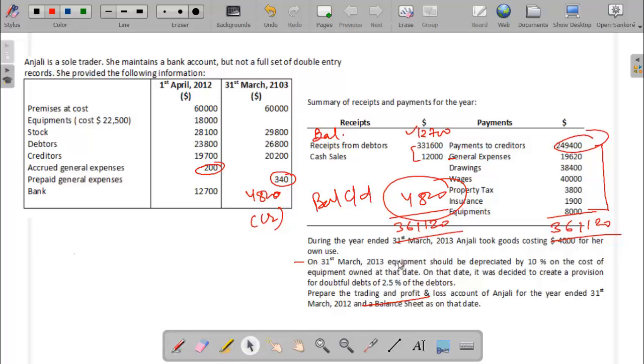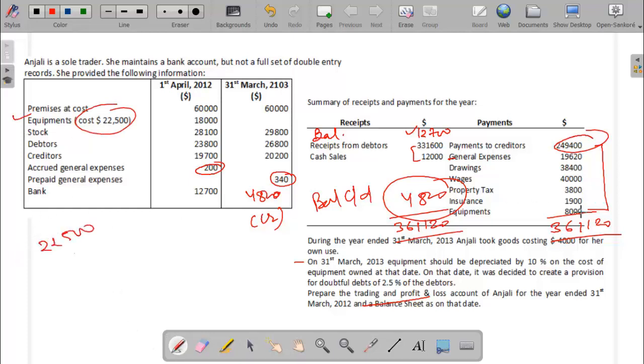On 31st March 2013, equipment should be depreciated by 10%. 10% on what? On the cost of equipment owned at that day. So on the last day, whatever equipment we have, on the cost of that equipment we will compute depreciation at the rate of 10%.